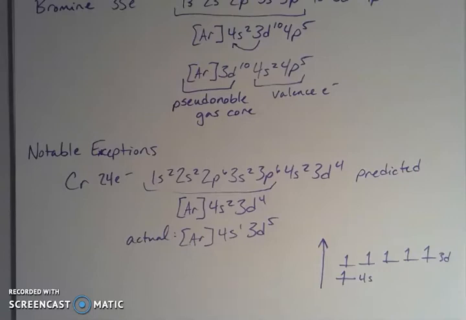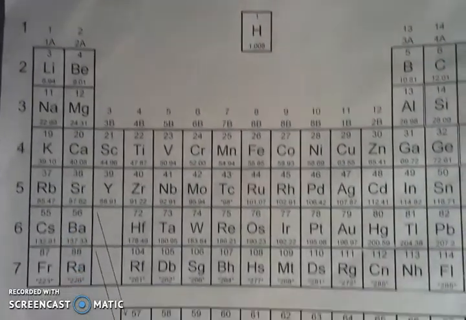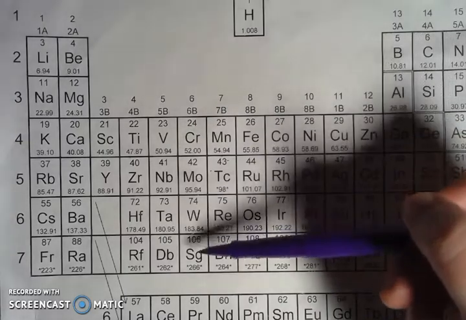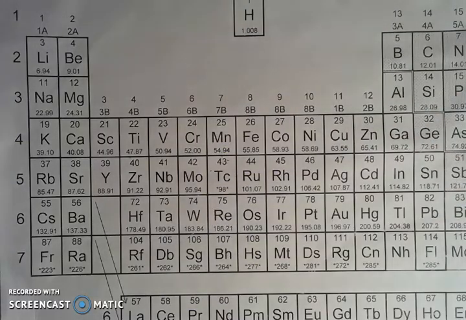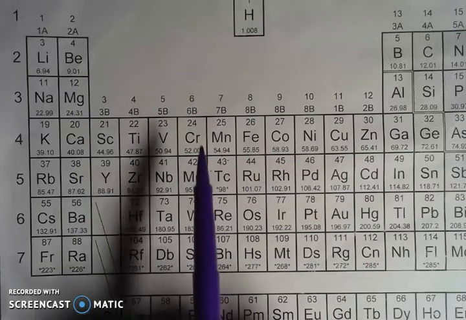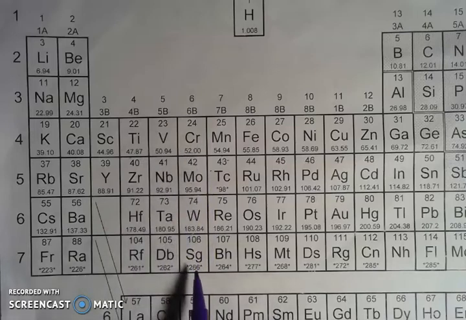And this actually leads to some interesting characteristics about chromium and when it forms ions and all that good stuff. So this is one exception. Now, because we know that things in the same columns of the periodic table have the same kind of characteristics, and the reason for that, of course, is because of their same electron configurations, you'll find that this pattern holds up with everything below chromium as well.